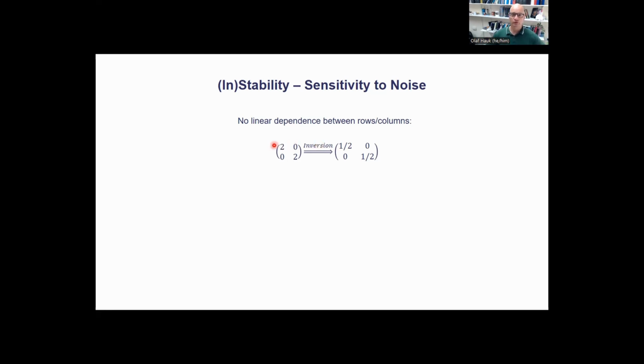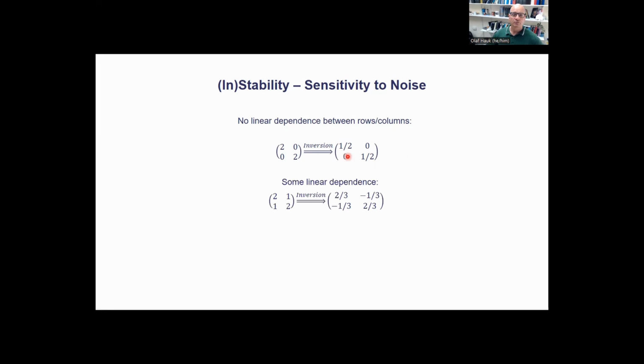Each equation fully determines one parameter, with no interaction between them. Then inverting this matrix will simply be equivalent to inverting every individual value on the diagonal, which is not only simple to do, it also produces values within a relatively tractable, reasonable range. So there's nothing that looks particularly dangerous here.